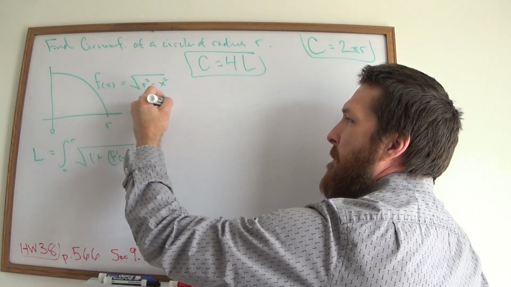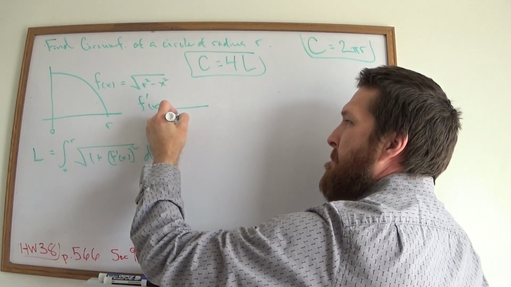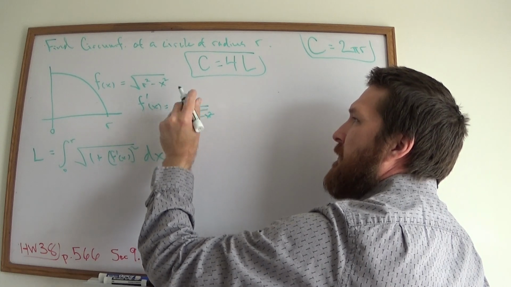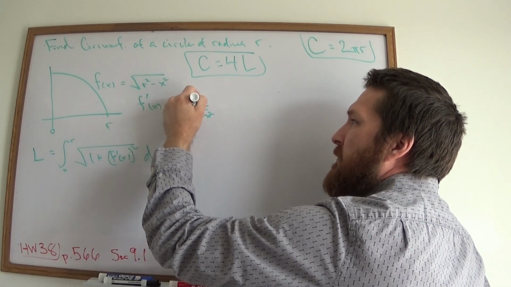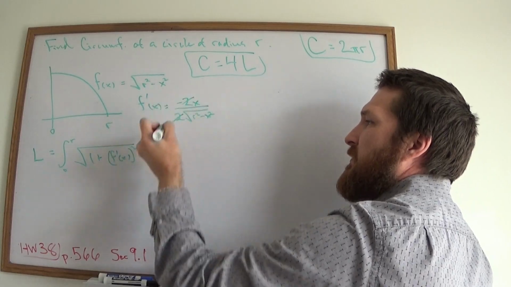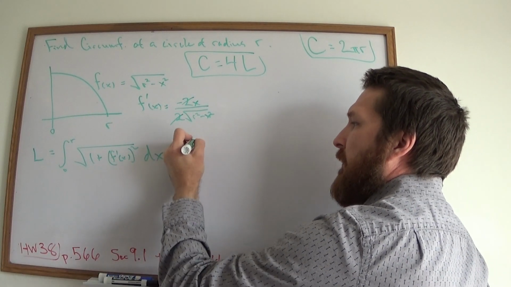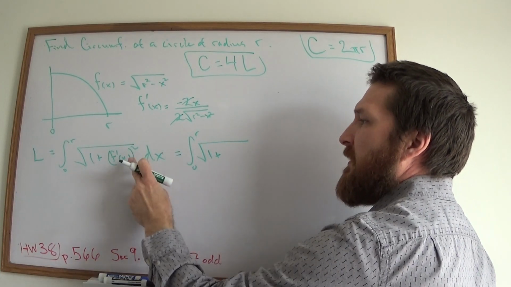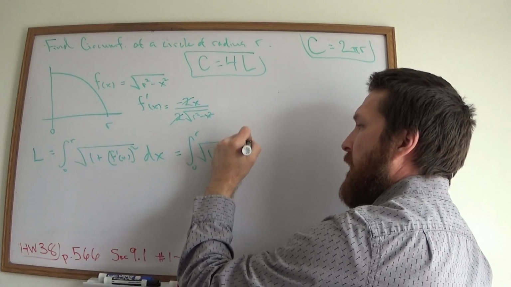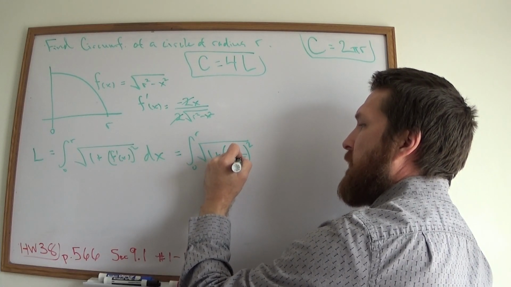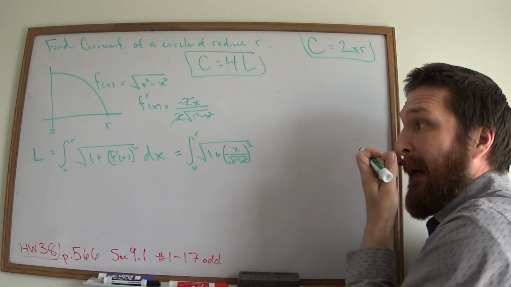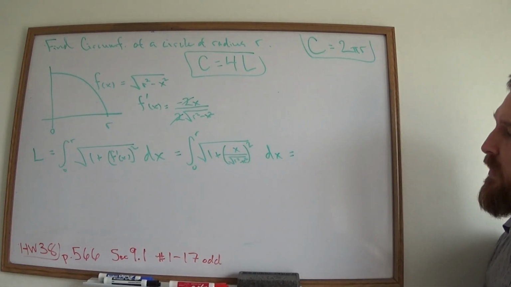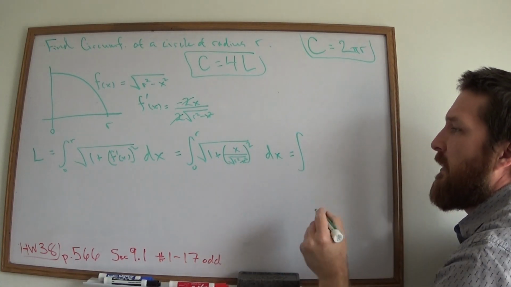Well, that's 1 over 2 root r squared minus x squared times negative 2x. Now, let's do that: the integral from 0 up to r of root 1 plus that stuff squared, x over root r squared minus x squared, dx. Okay, let's see. Hold up. Let's see what we can do here.